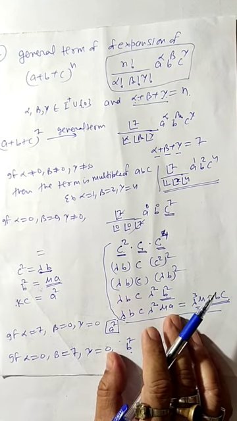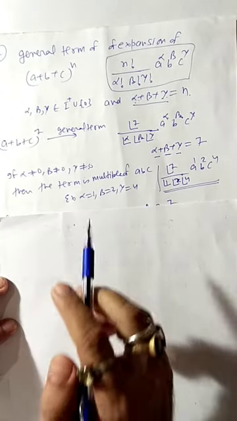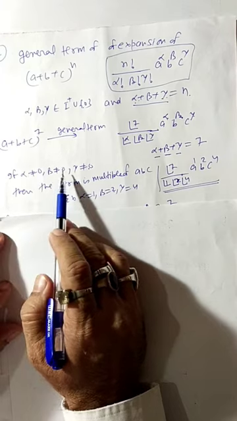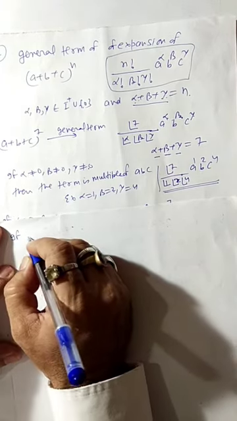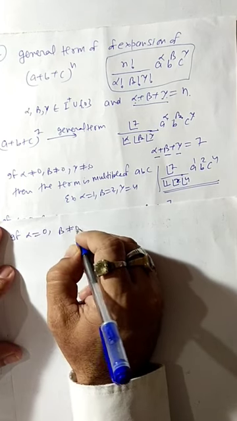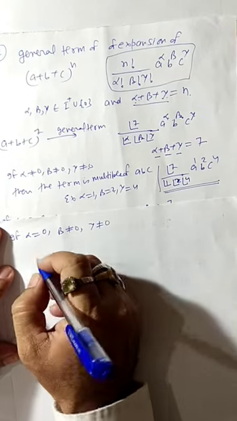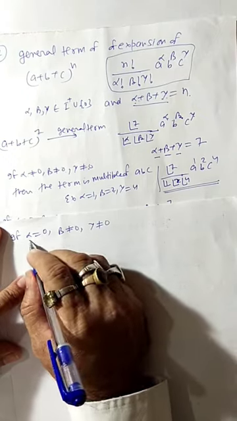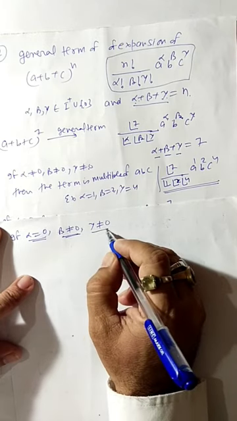In the third case, only one term is 0 and two are non-zero. Let alpha equal 0, beta not 0 and gamma not 0.